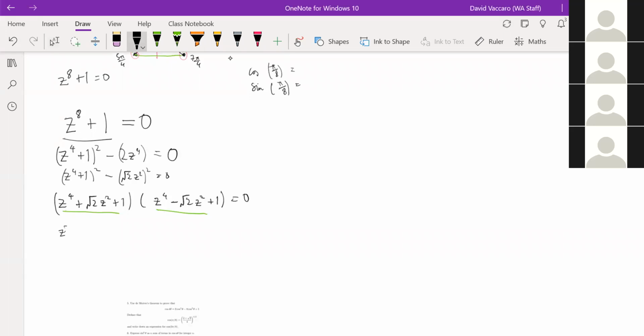So we've got z squared plus root 2 over 2, all squared.